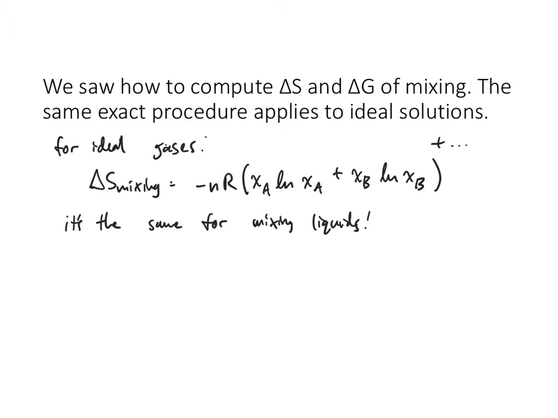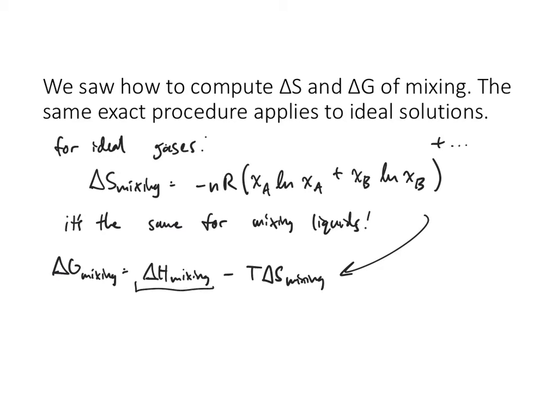So that's really nice. What about the Gibbs free energy? Delta G of mixing is going to equal delta H of mixing minus T delta S of mixing. And T delta S just goes right in there. So then what about the enthalpy of mixing? Well, for ideal solutions, we saw on a previous slide that the delta H of mixing is just 0.